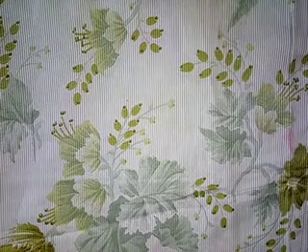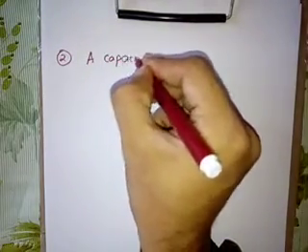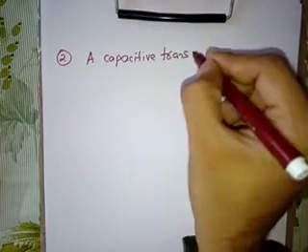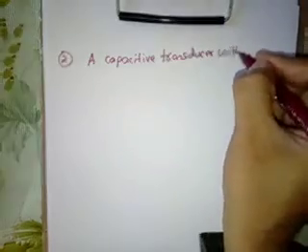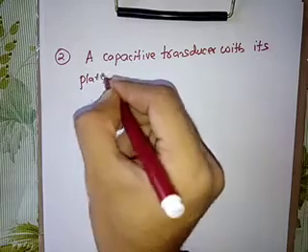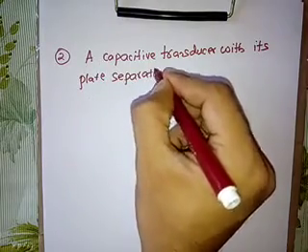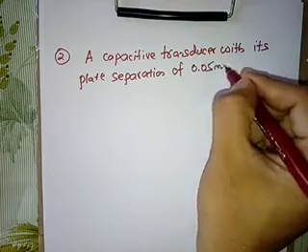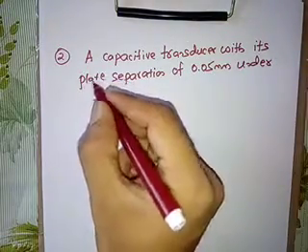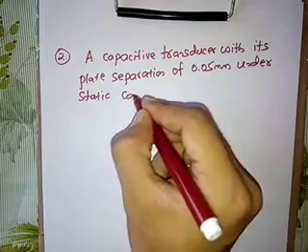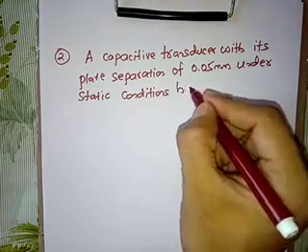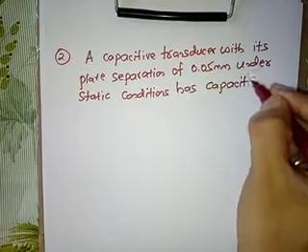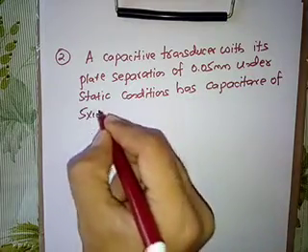Let us take up the second example. Example 2: a capacitive transducer with its plate separation of 0.05 mm under static conditions has capacitance of 5 into 10 raised to minus 12 farad.